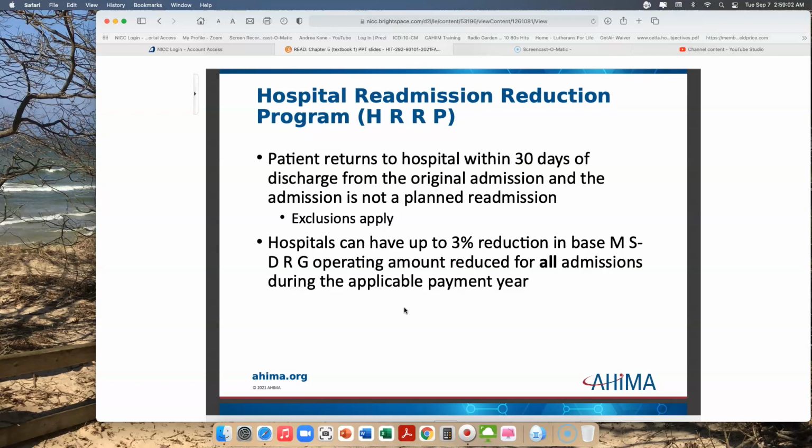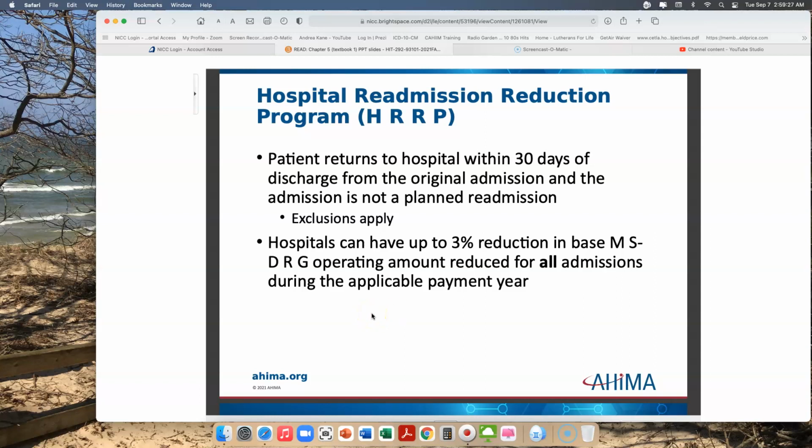CMS is saying that when it's something like that, that's something that should have been preventable. And so they can have up to a 3% reduction in their base MSDRG operating amount for all admissions during the applicable payment year if their hospital readmission rate is too high.